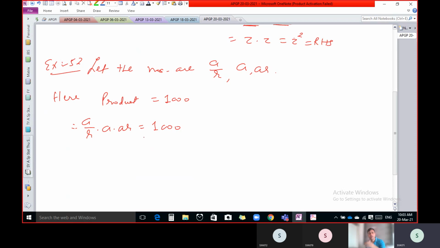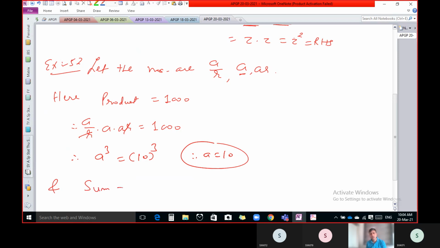Now cancel R. So A into A into A, A cube, equals 1000, which is 10 cube. So A equals 10. So now your middle term is 10. And use the other information: the sum is 35.